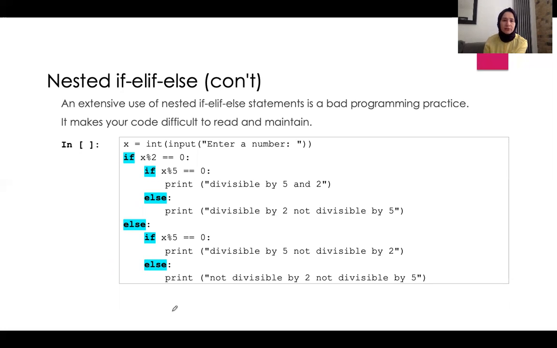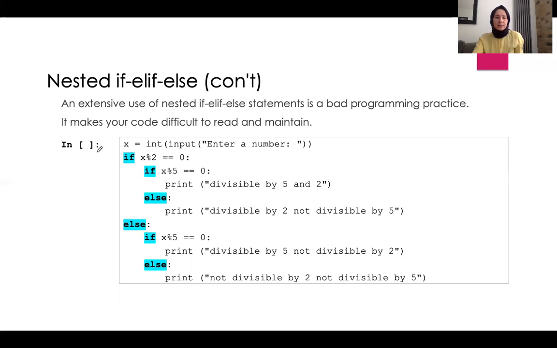An extensive use of nested if, elif, else statement is a bad programming practice because it will make your code difficult to read and maintain. And let's look at this example. This is a good example of the use of if, a nested if, elif, and else together.